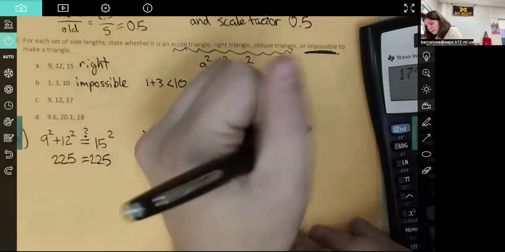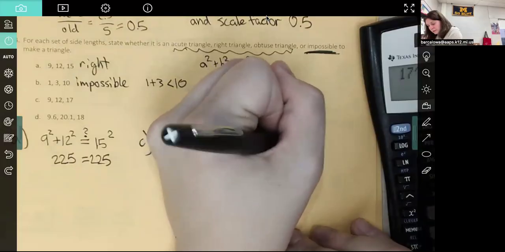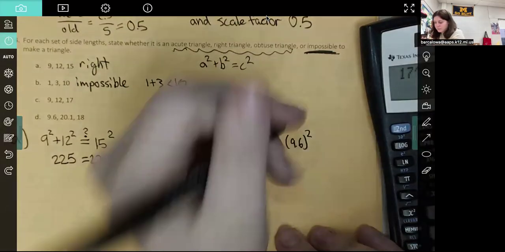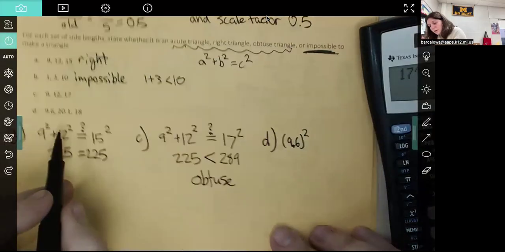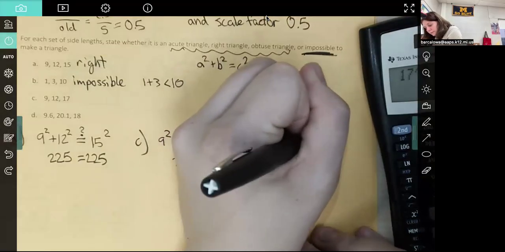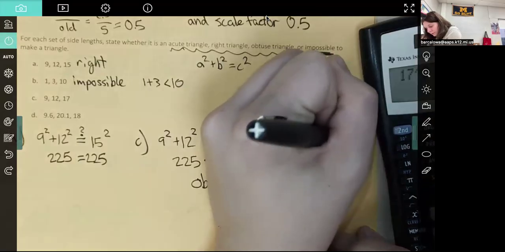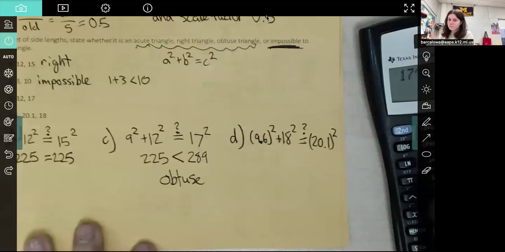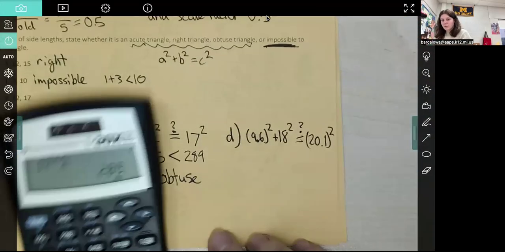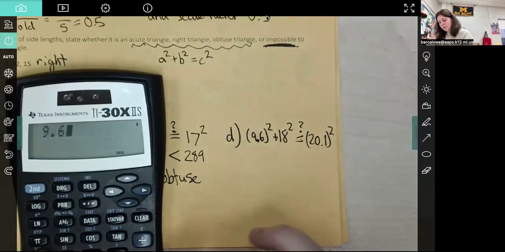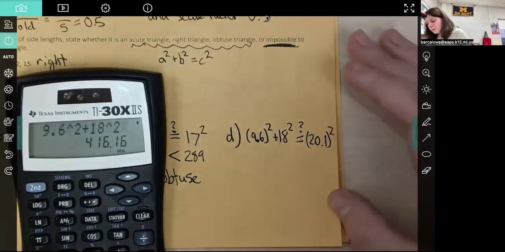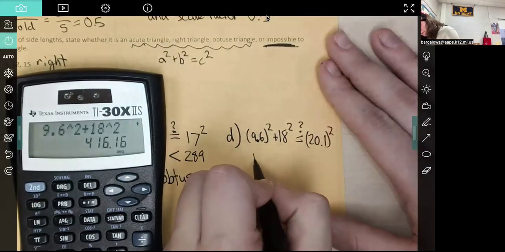So D, okay, again, my 2 shorter sides, so 9.6 squared. Sometimes I just do parentheses for a decimal. Plus 18 squared. Does that equal 20.1 squared? Okay, so 9.6 squared plus 18 squared, 416.16.